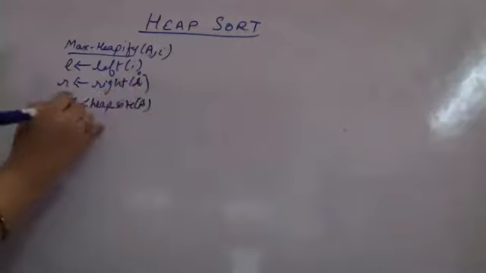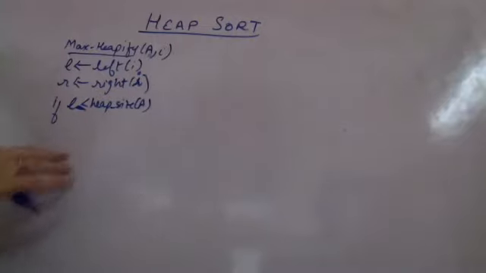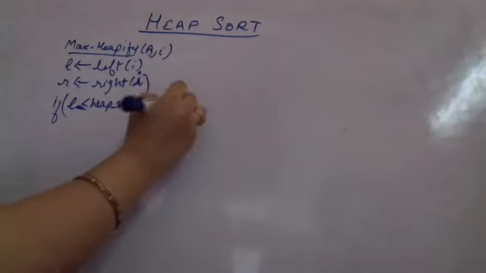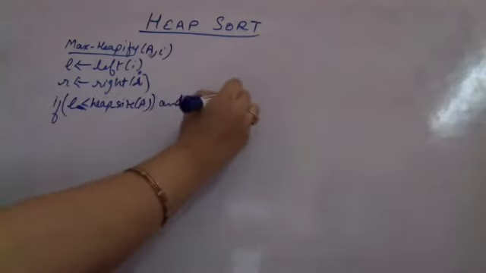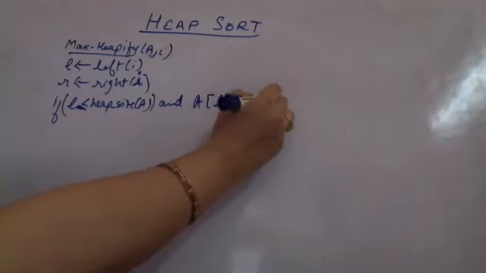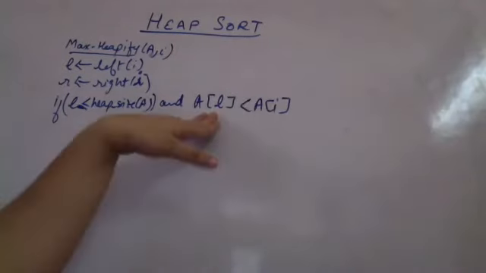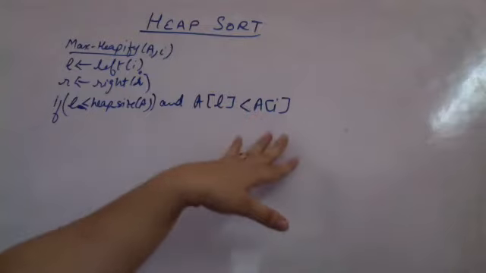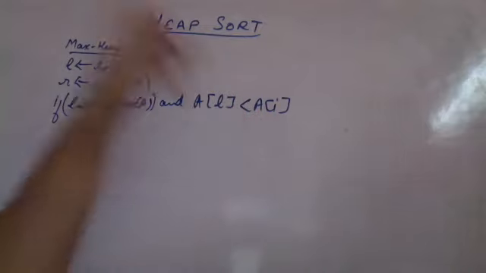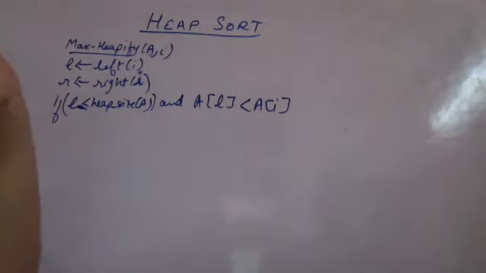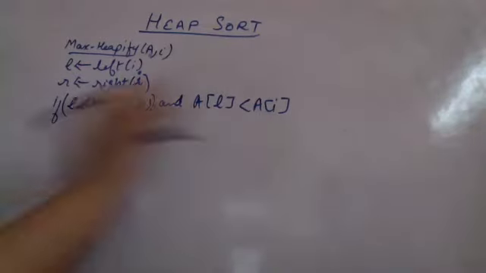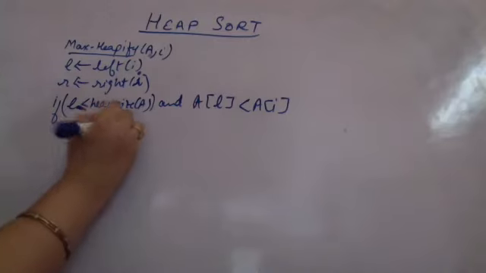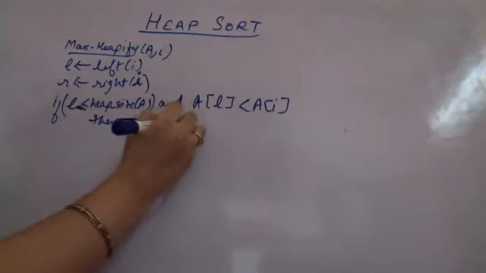of A, that means left child should exist तभी तो, and A of left child is greater than A of I. Now left child जो है I से बड़ा, A of left child is greater than A of I. That means what is the largest here? In this case, I is the largest.